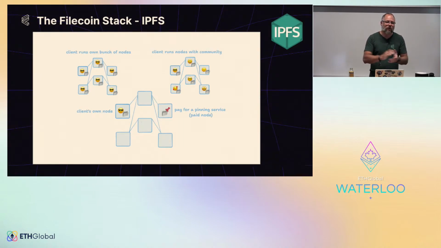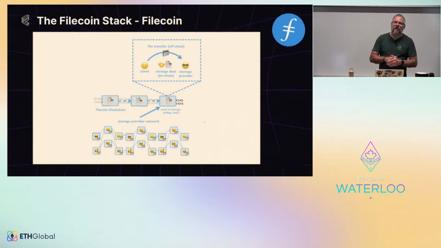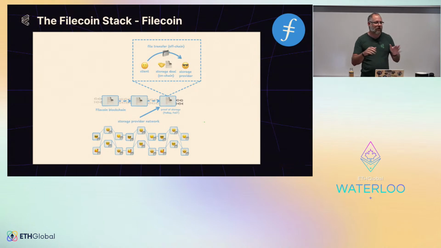Now, one of the issues with this is that if you're using one of these centralized services like Pinata, and suddenly your credit card expires or they go offline or whatever it might be, then suddenly there's nobody pinning your data potentially, and your data may cease to exist. Filecoin is an attempt to solve that problem. Filecoin is actually a separate network to IPFS.